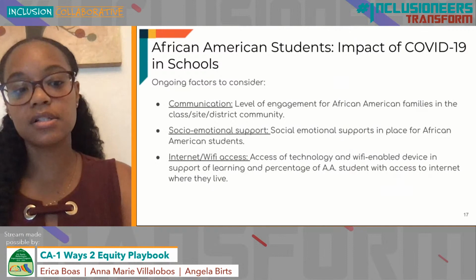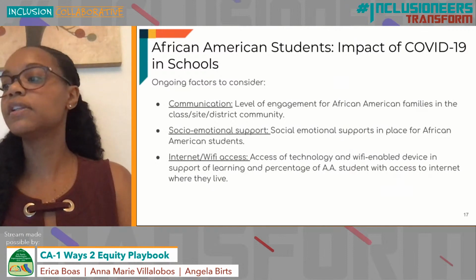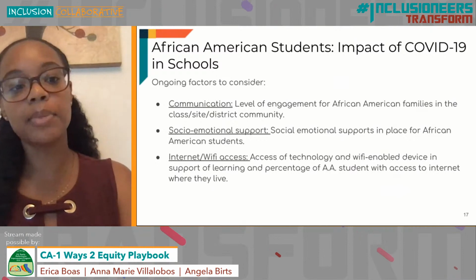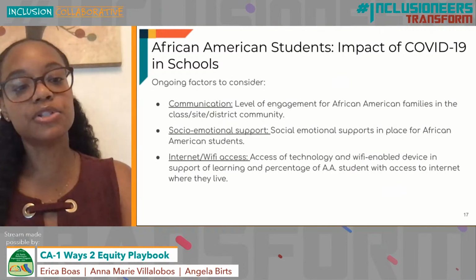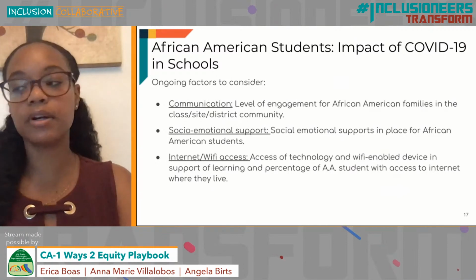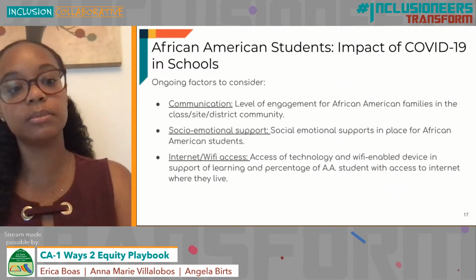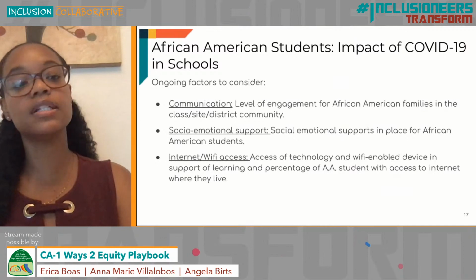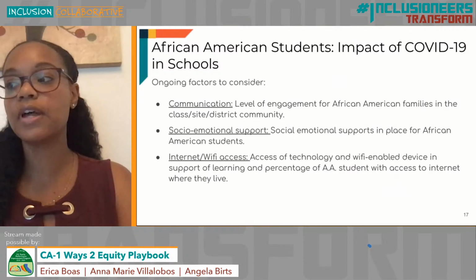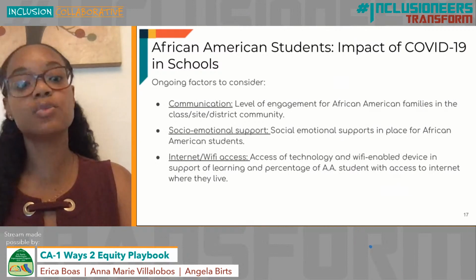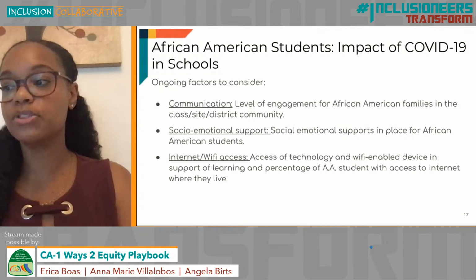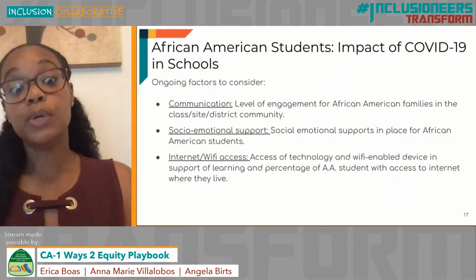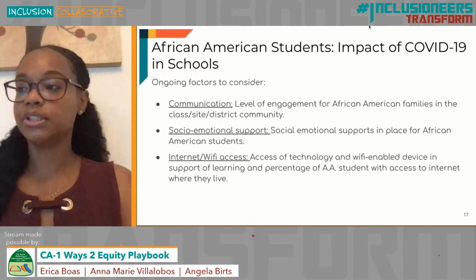Now we must ask ourselves the question, similar to Hurricane Katrina and other incidents that happened in our country, what does this mean in terms of long-term care that African American students need? So now the question becomes, how can schools further address trauma related to COVID-19 itself, as well as events related to racial injustice and equity issues as we have seen throughout 2020, which African American students face in particular?